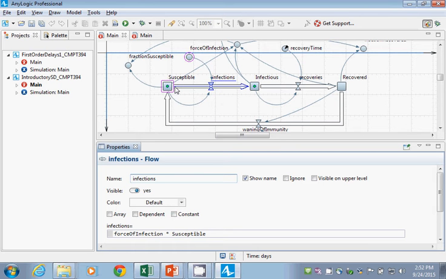Number of recoveries is infectious divided by recovery time. Once again, it boils down to a stock times or divided by some constant. You can treat it as either one. Recovered, this waning of immunity, just depends linearly on the number of people who are recovered. It's a linear model, ladies and gentlemen.